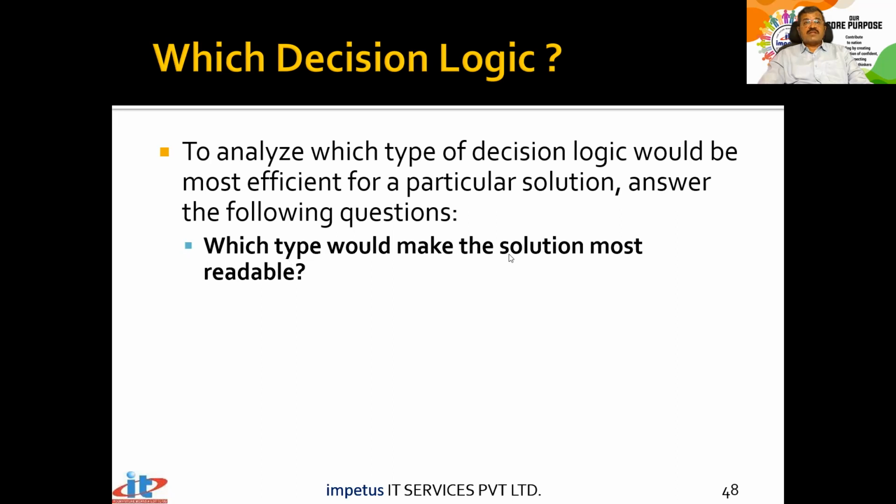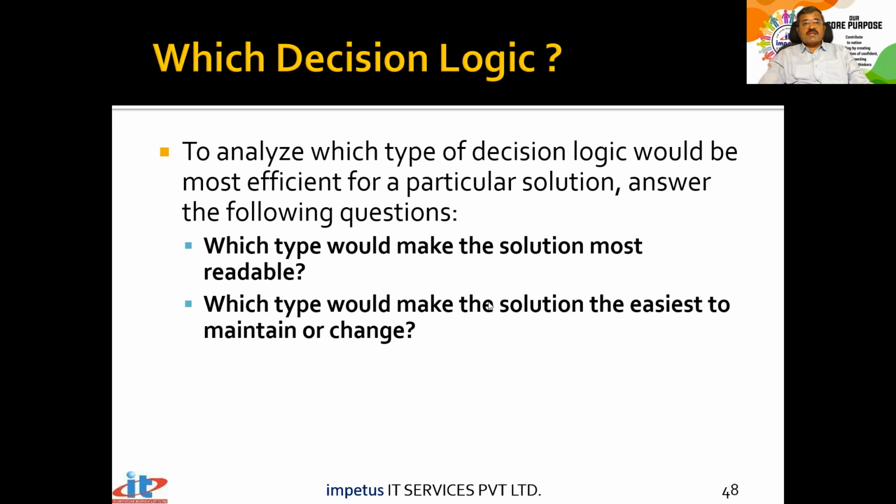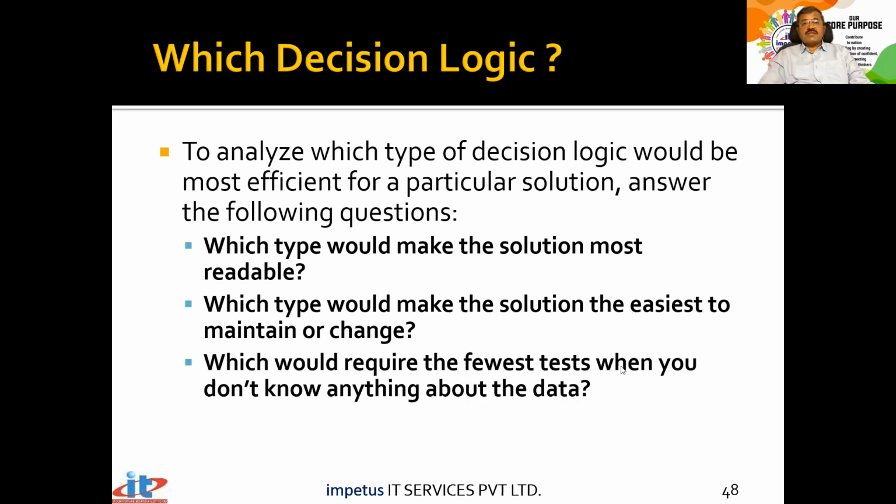Which type would make the solution most readable? First question. Which type would make the solution easiest to maintain and change? Now, if it is readable, then it is easy to maintain and change. Which would require the fewest tests when you do not know anything about the data? What is the nature of the data that is coming in?